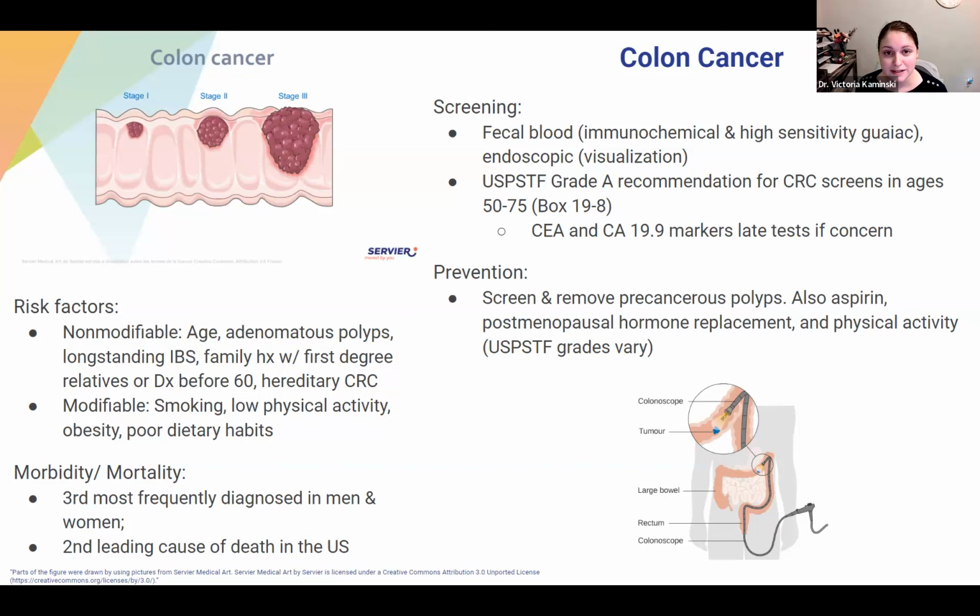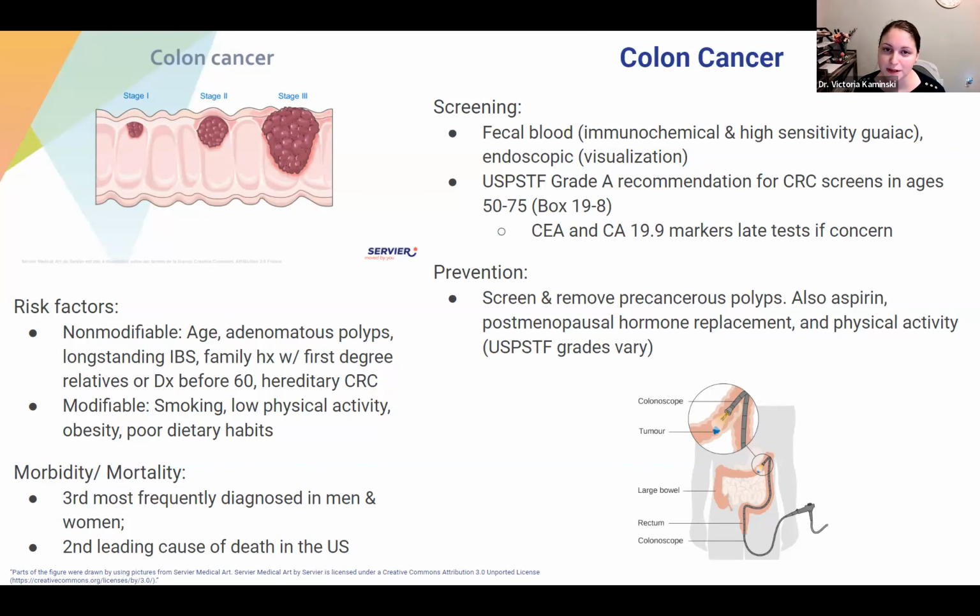And then screening is going to be individualized based on the patient and their own risk. That can often involve a fecal occult test that is sent off. Then diagnostically, if that comes back positive, and there are large numbers of false positives, that is when oftentimes a colonoscopy is performed.